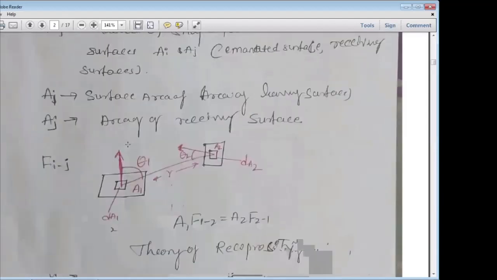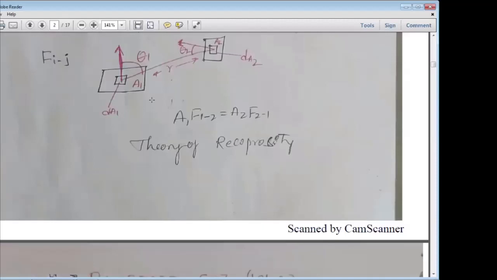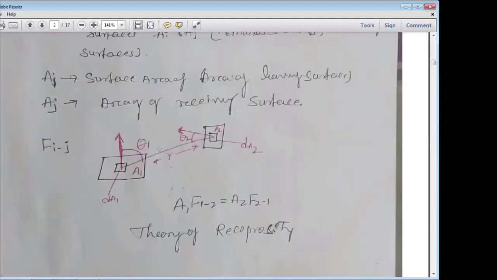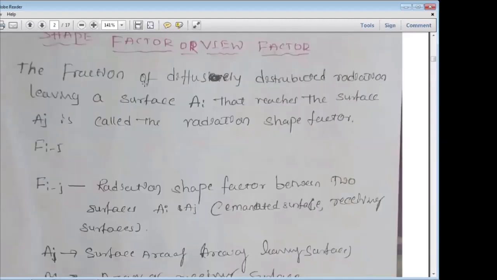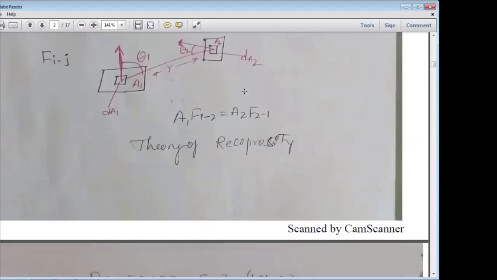They may ask 2-mark or 3-mark questions with this diagram, so you can write the definitions here. This is the theory of reciprocity.